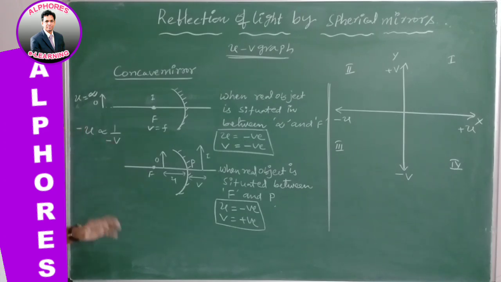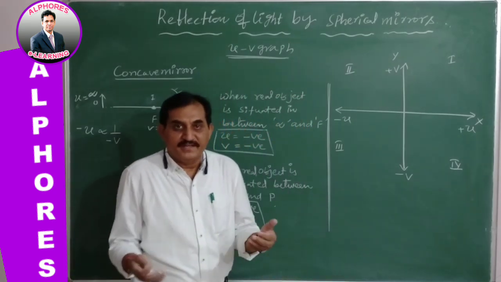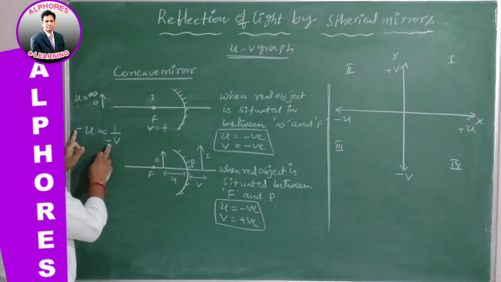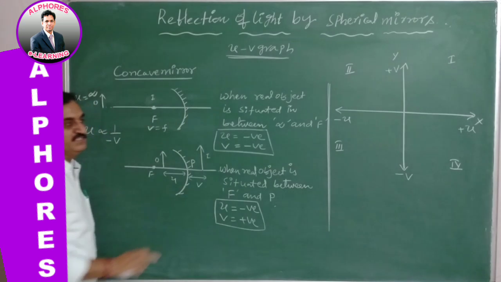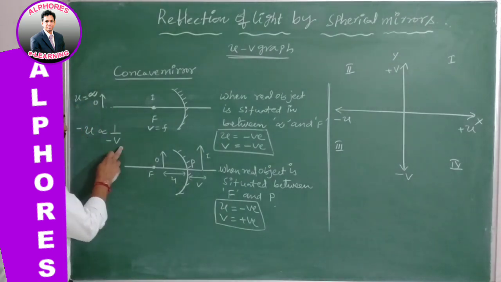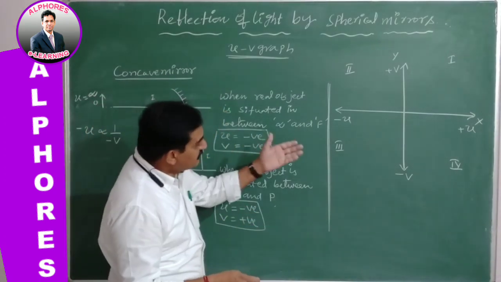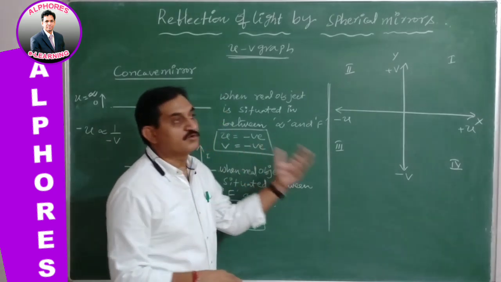So this kind of relation we can take in the third quadrant for drawing the UV graph with proper sign convention. When the object is real and the corresponding image formed is also real, the relation is a rectangular hyperbola, which will be taken in the third quadrant.